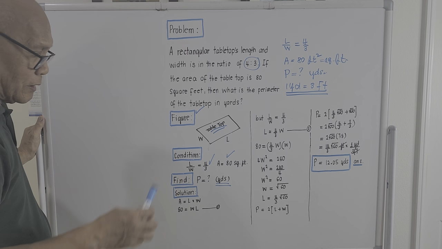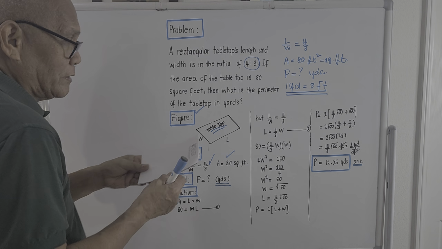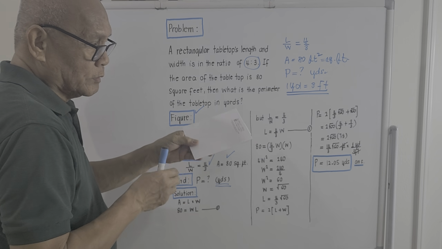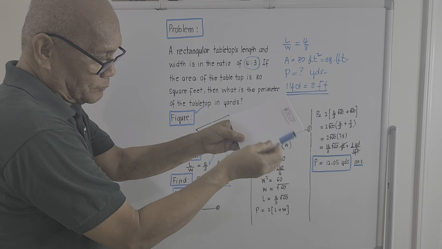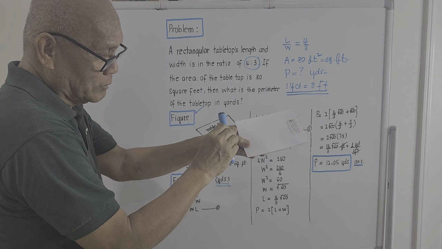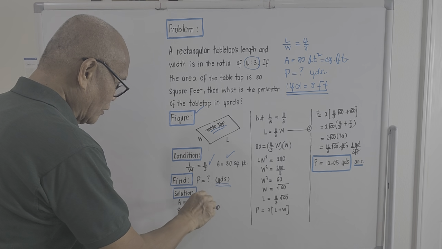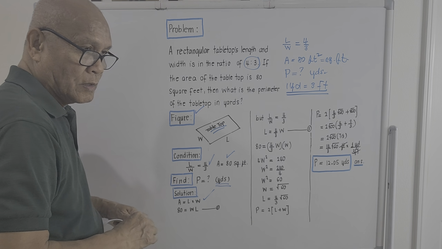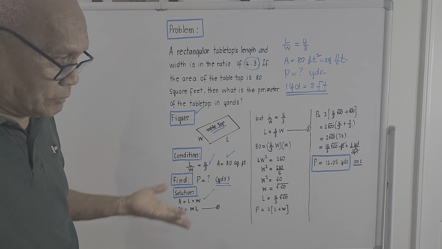For any rectangular object, the total area is the product of the length times the width. So we bring out that equation, then substitute the given value.